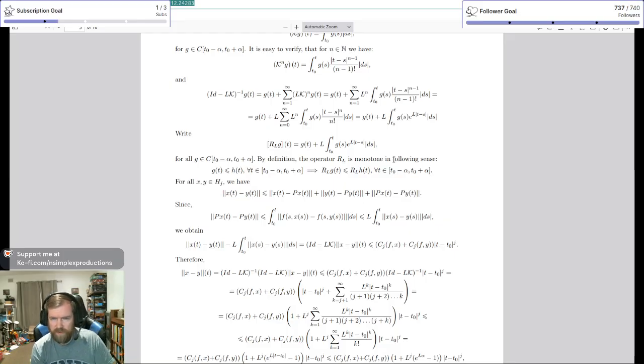By definition, the operator R sub L is monotone in the following sense: if G of t is less than H of t for all t in said interval, it implies that R sub L times G is less than or equal to R sub L times H.